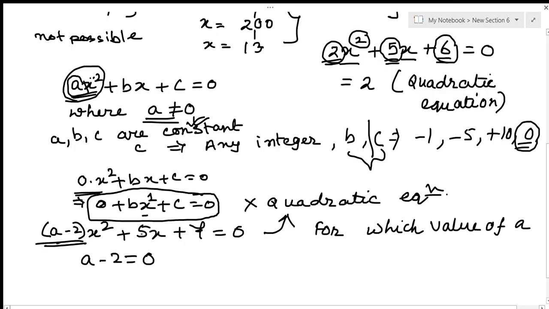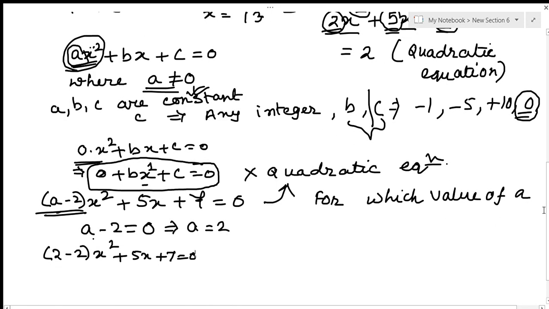So if we take a minus 2 equals to 0, then we get that a equals to 2. In place of a we are putting 2: (2 minus 2) into x square plus 5x plus 7 is equal to 0. Now we can see that 2 minus 2 is equal to 0, so 0 into x square plus 5x plus 7 equals to 0.